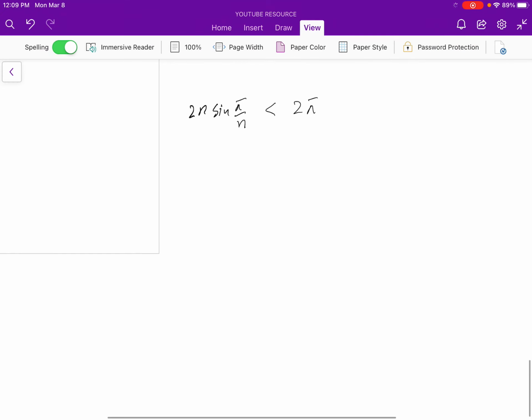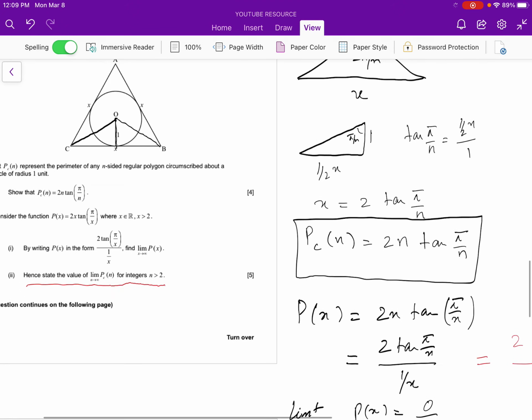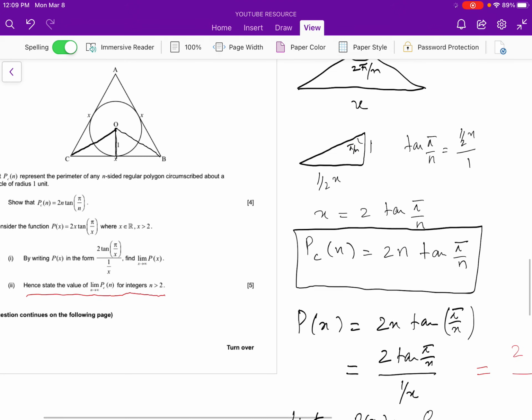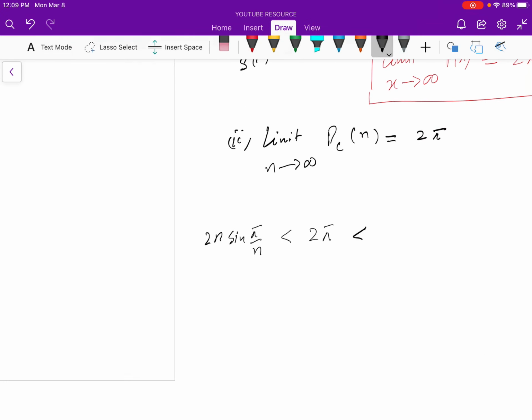Now if we look at the second diagram where the polygon is circumscribed around the circle, we know that it's always greater than the circumference 2 pi r, and the result was 2n tan pi by n. So the circumference 2 pi r should be less than this 2n tan pi by n value. So we can write this as 2n tan pi over n, and we can simplify it to n sine pi over n, since we have 2 common throughout, so we can cancel out 2.